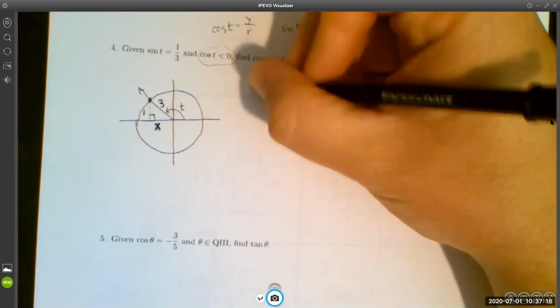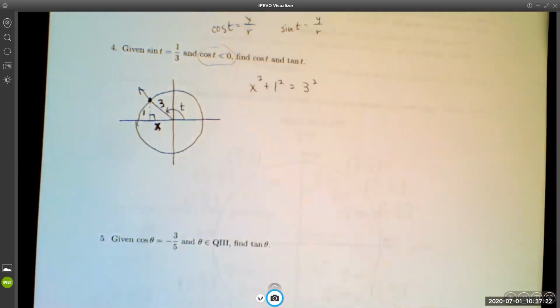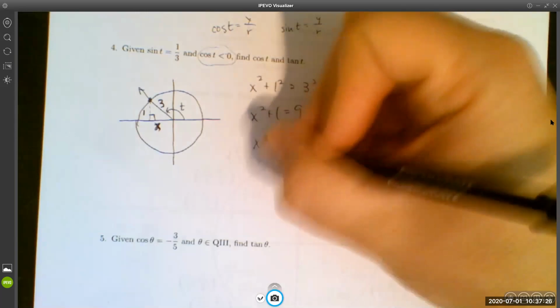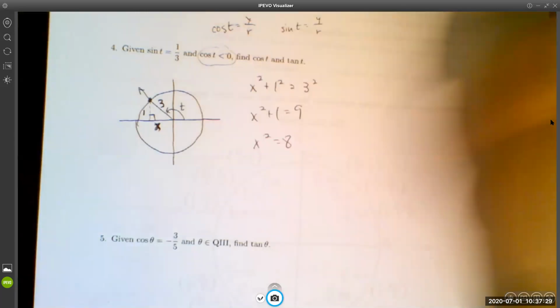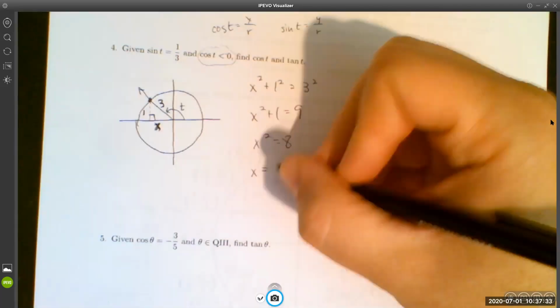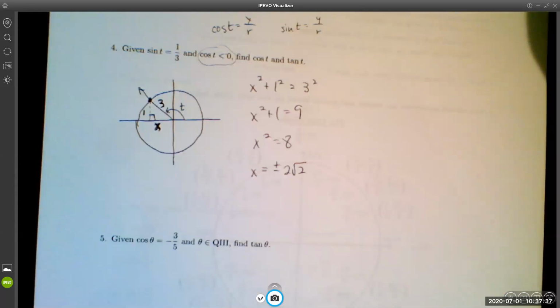We can say x squared plus y squared equals r squared. Now, when I take the square root, I need a plus or minus sign, right? Plus or minus the square root of 8, which is the same as 2 root 2, if you simplify it. So x is plus or minus 2 root 2.